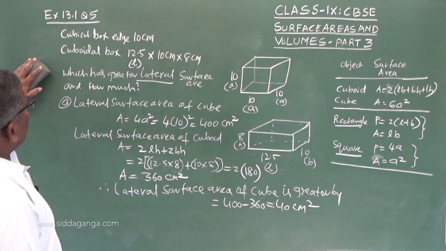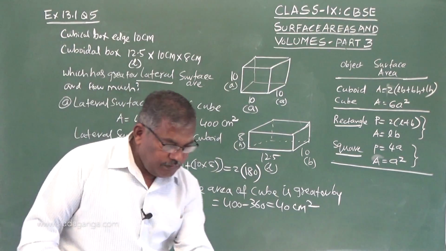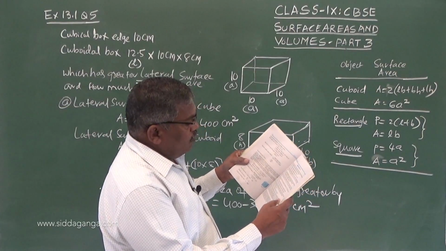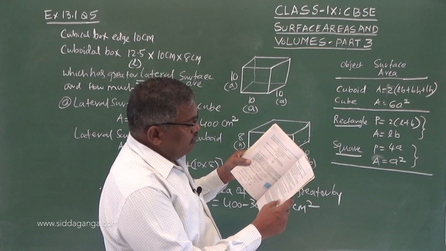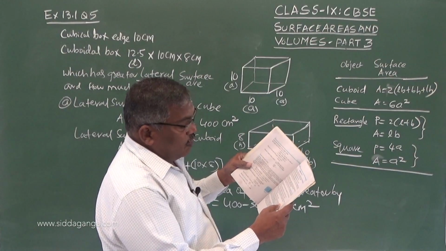Now, the second question is 5b. Which box has the smaller total surface area and how much?